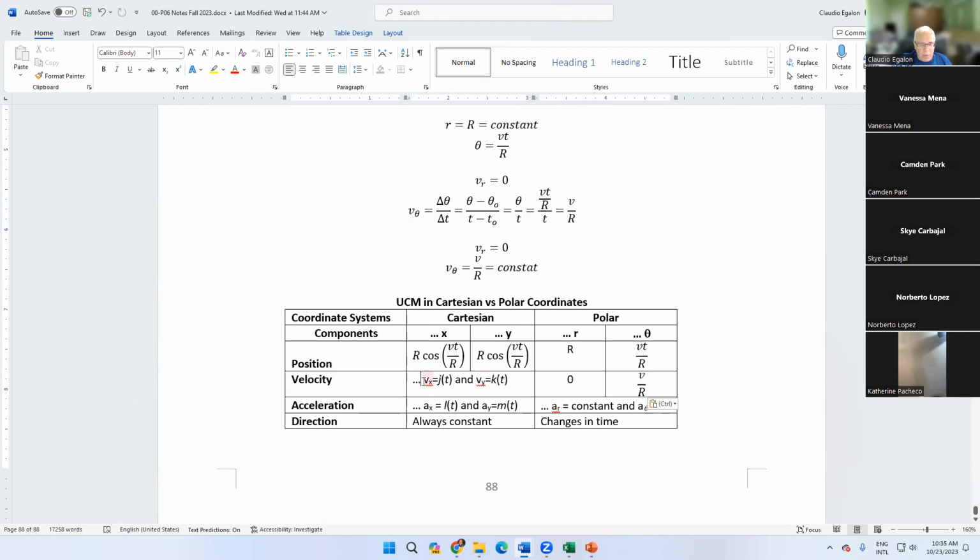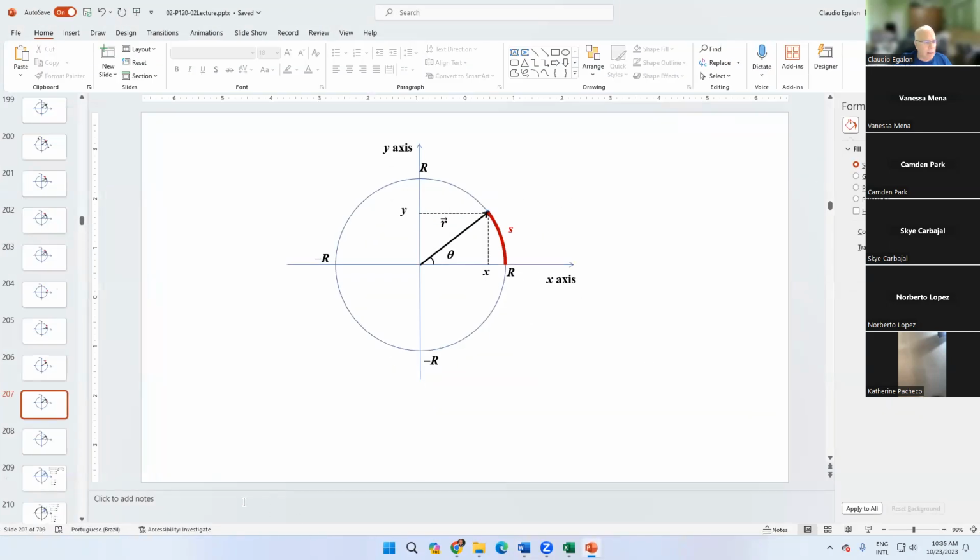Now here's a little bit more difficult. Let me erase that. I will split that into two cells, two columns. And then we have to look at our vector here, our vector velocity. That's what we are going to look at.